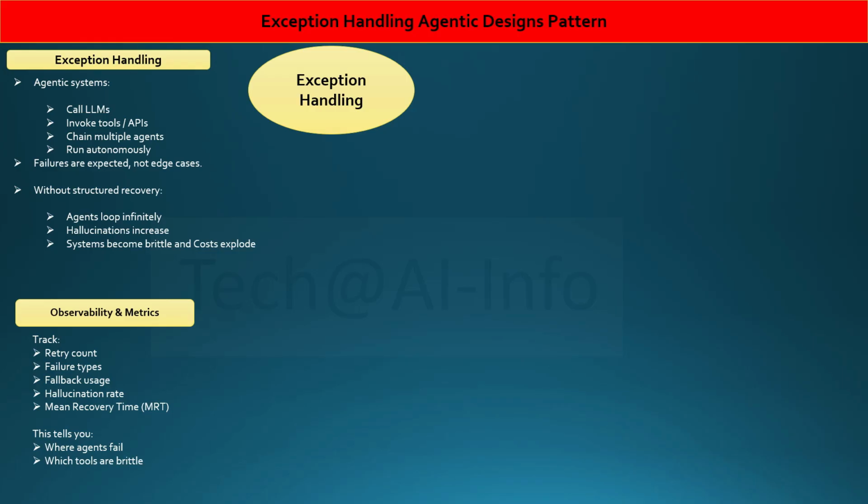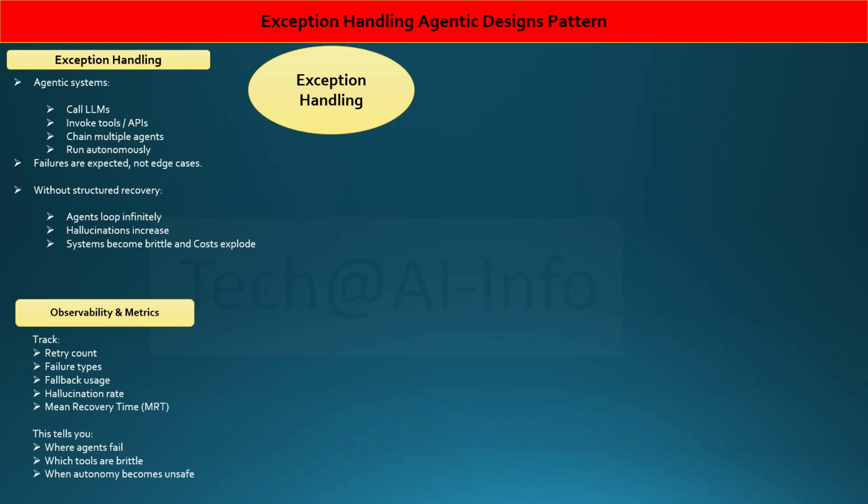If a tool shows high retry count, high fallback use, and long recovery times, then the tool is unstable, the schema may be changing, and the integration is fragile. So it should be replaced, hardened, or isolated.